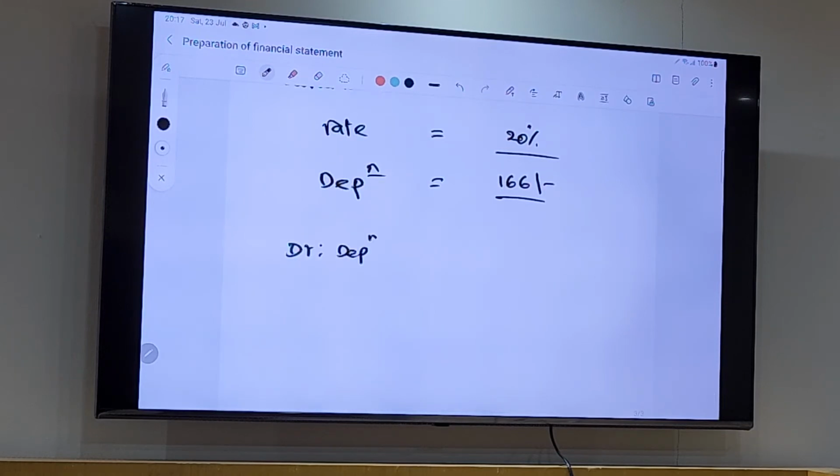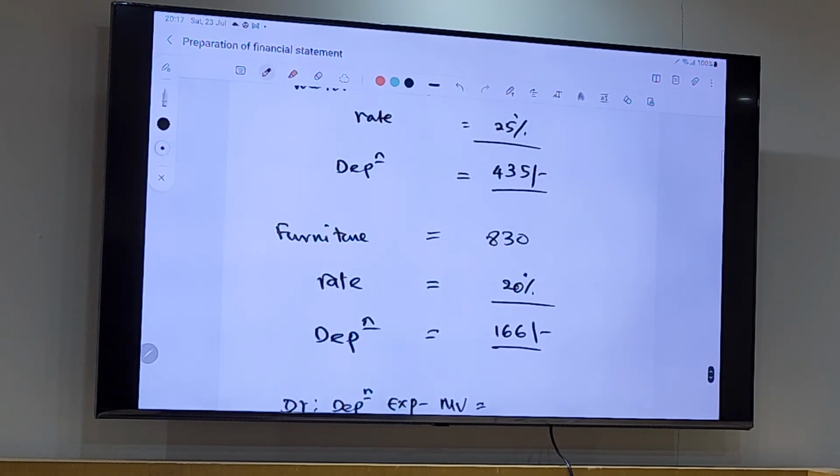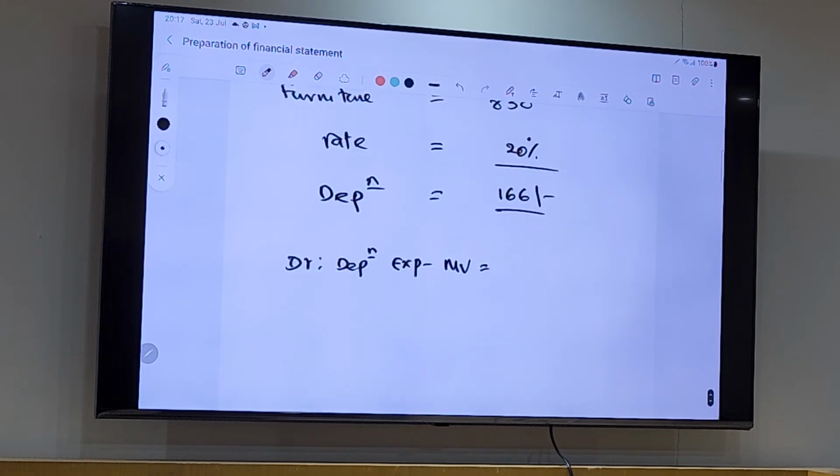So now debit depreciation expense, furniture, sorry, motor vehicle. How much? Depreciation expense, motor vehicle 435. Credit accumulated depreciation, motor vehicle 435.